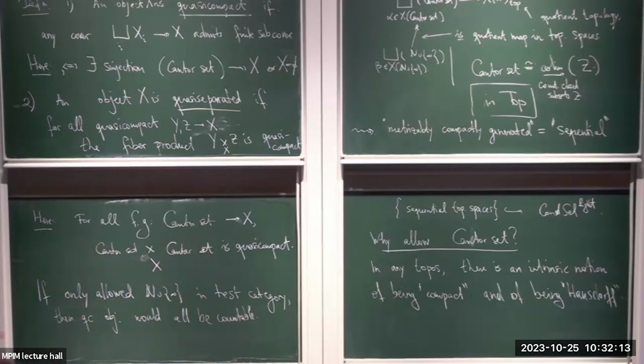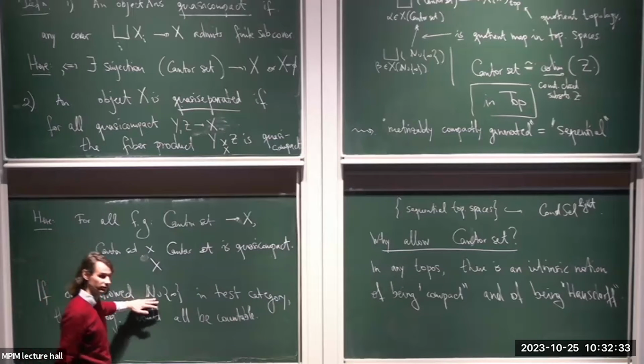So in particular, the Cantor set would not at all be quasi-compact. If you want to access the Cantor set, it would be precisely by a huge colimit of smaller objects. And this would mean that the intuition for what a compact object is, like the Cantor set, which is very much a compact object, would be destroyed if you pass to such a topos.